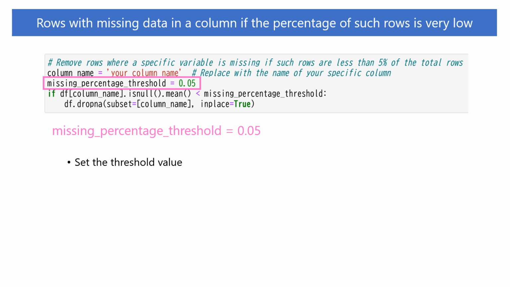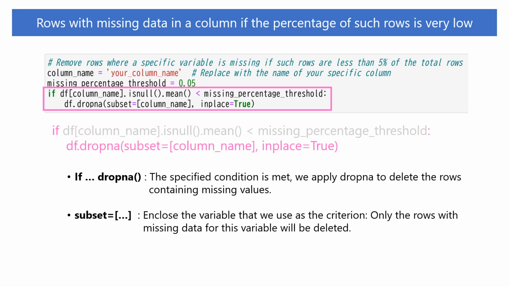Set the threshold in the same way as before. In the next part, specify the condition using an if statement. If the condition is met, we apply dropna to delete the rows containing missing values. This structure is the same as before.